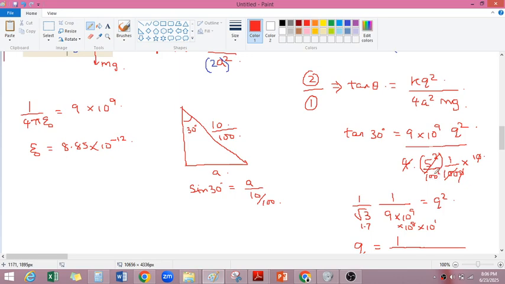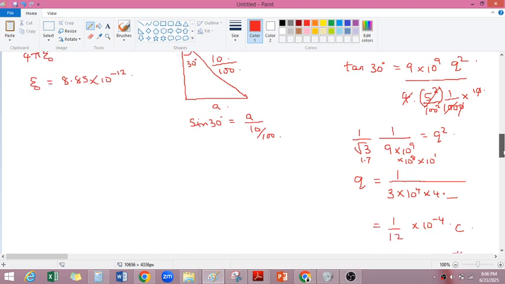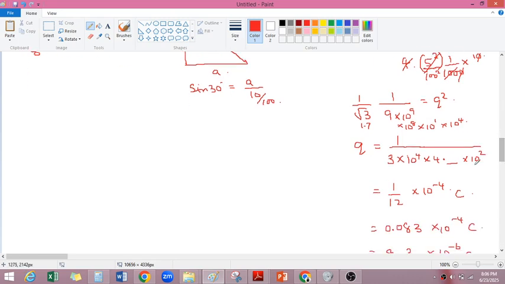That means 100, so 10 power 2, so 10 power 4 I know. So when this goes to the top, this will be 10 power 4 here. When it comes to the bottom, it will be 10 power 4 in the bottom here. So 10 power 4 will be additionally there. So when I take the square root, it will be 10 power 2 separately. So when it goes to the top, it will become 10 power 4 on this thing. So it will become 10 power 6.